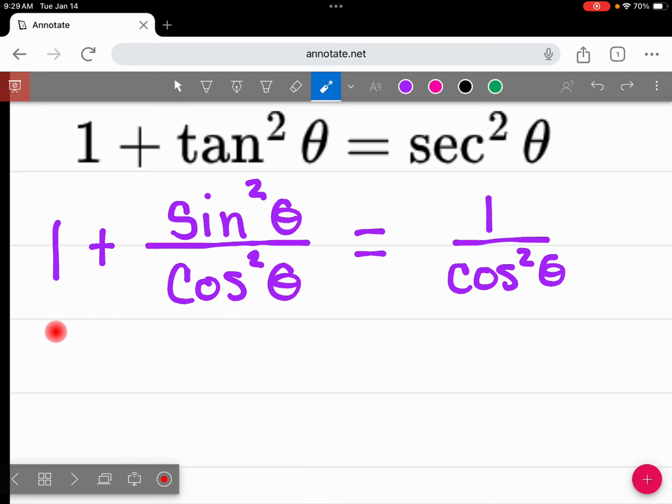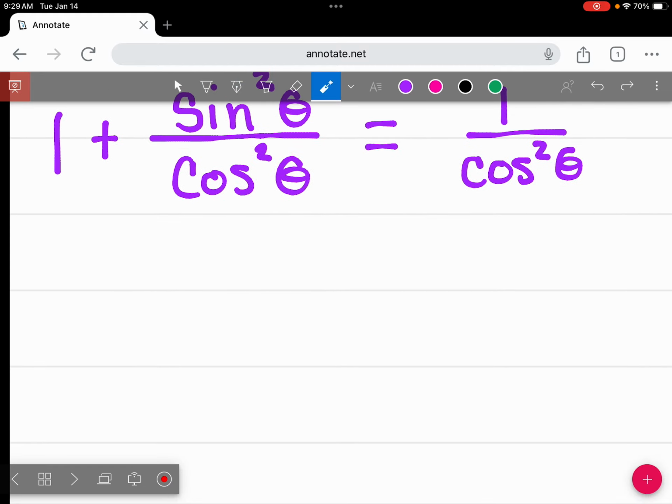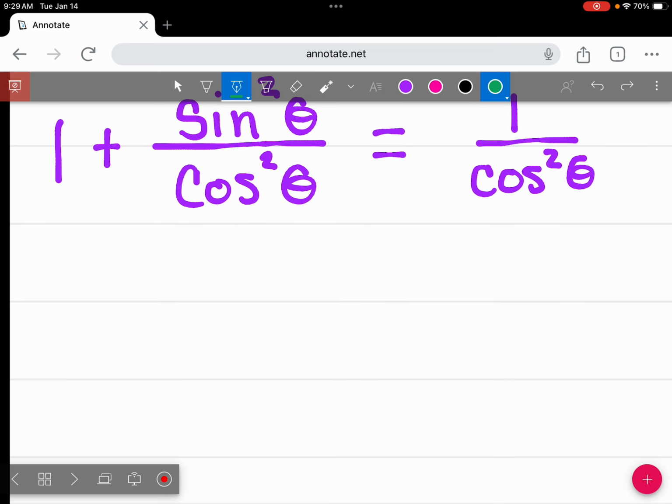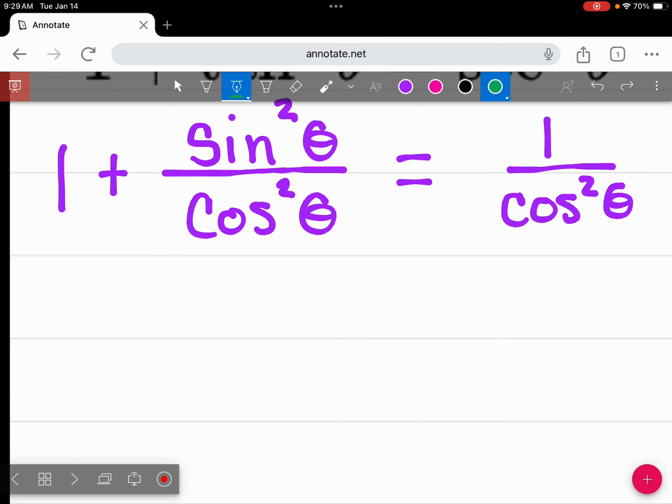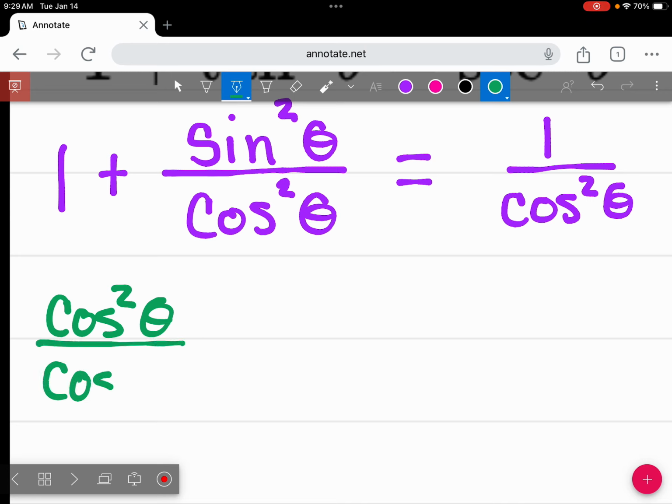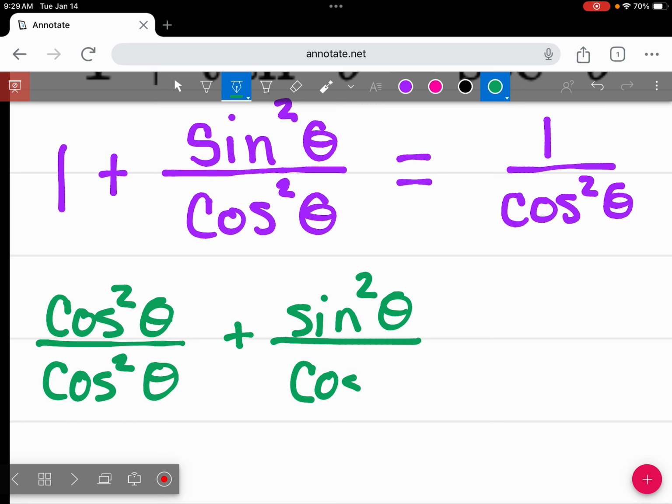What do I need to do to simplify this side without crossing the equal sign? Yeah, we're going to need to get a common denominator. So I'm going to put my 1 as cosine squared over cosine squared. It's still going to give us 1: cosine squared theta over cosine squared theta. And then plus our sine squared theta over cosine squared theta.